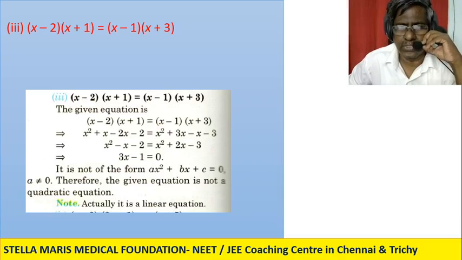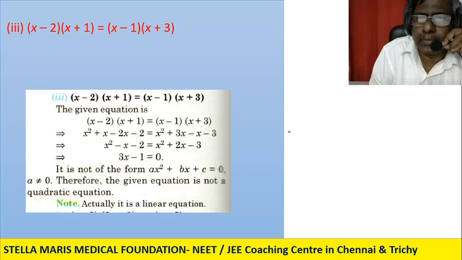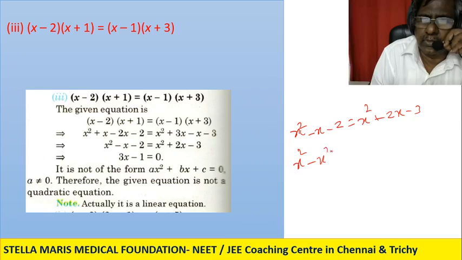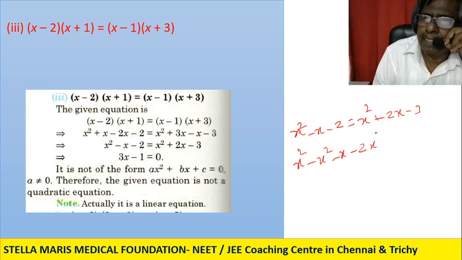Now bring this x square to this side. So x square minus x minus 2 is equal to x square plus 2x minus 3. I am bringing everything to one side: x square minus x minus 2x, minus 2 plus 3 is equal to 0.